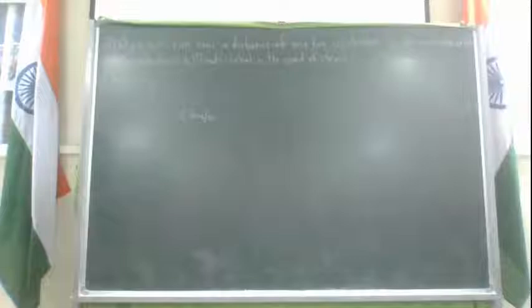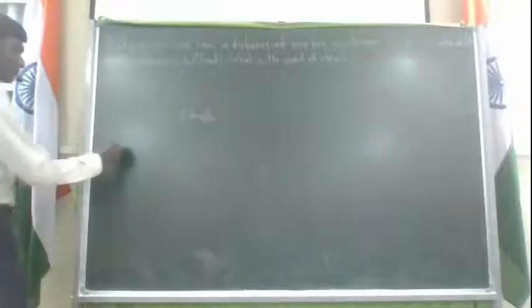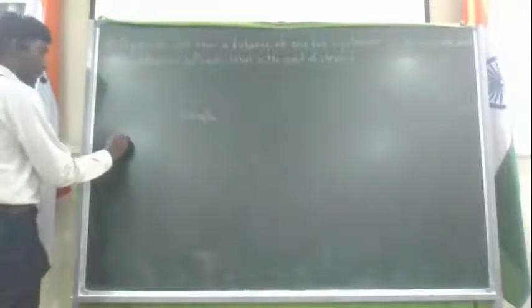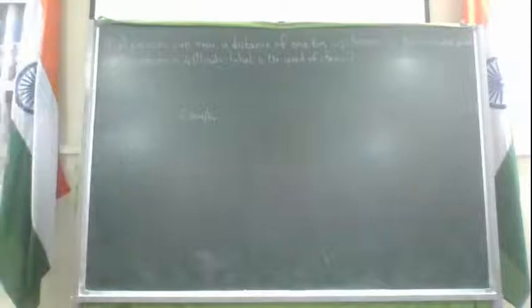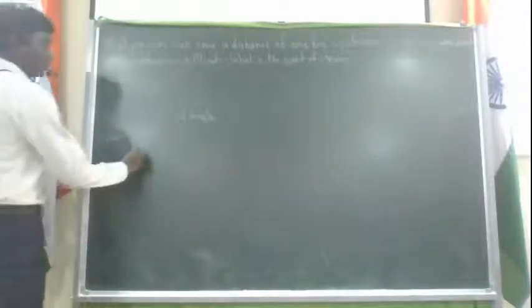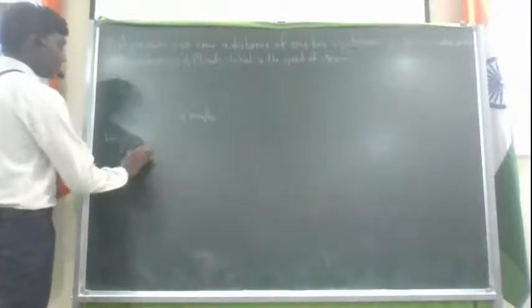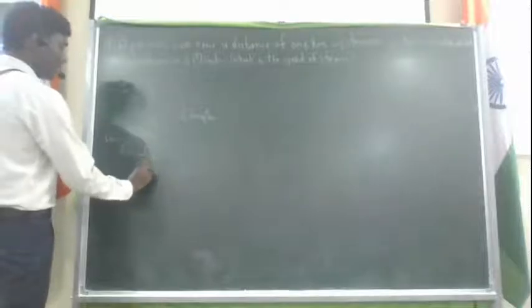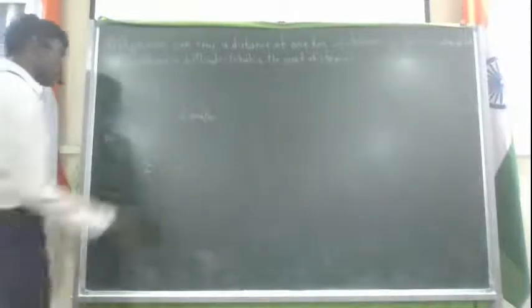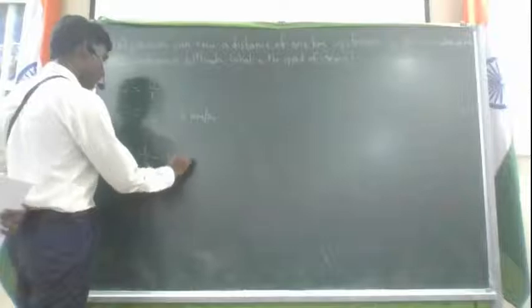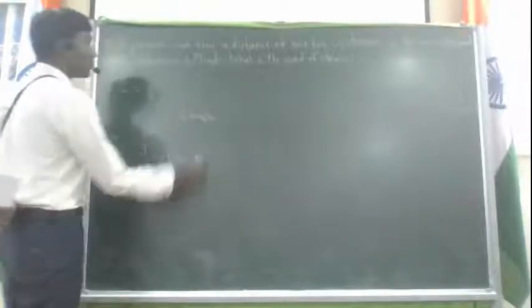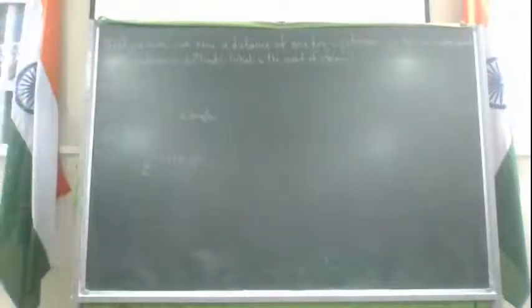Correct? Now downstream will be how much? Same distance. So it will be 1 by 4 by 60. How much you get? 15. And now you have to find the speed of the stream. Yes, Sagarika, tell me what to do with the speed of the stream.